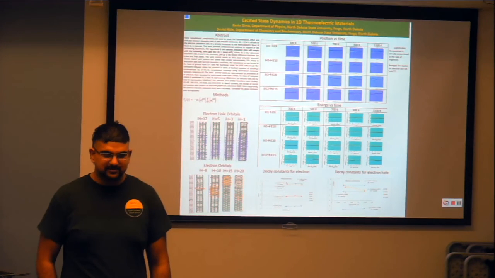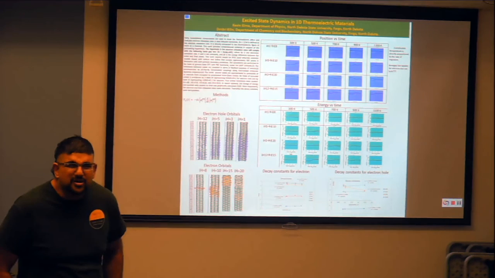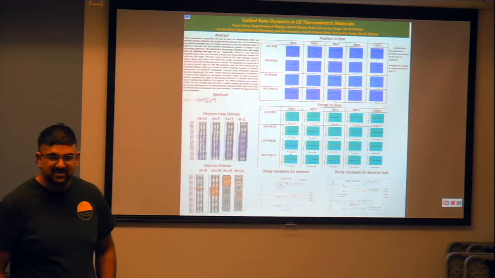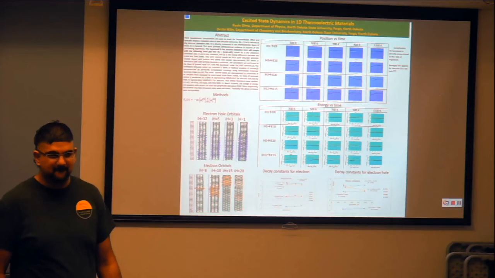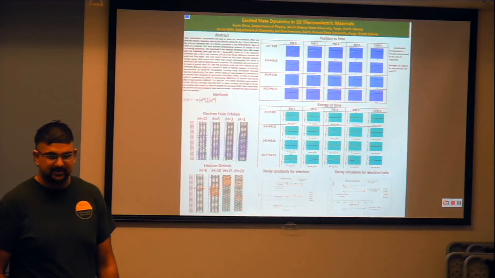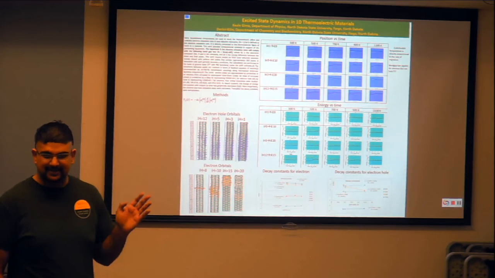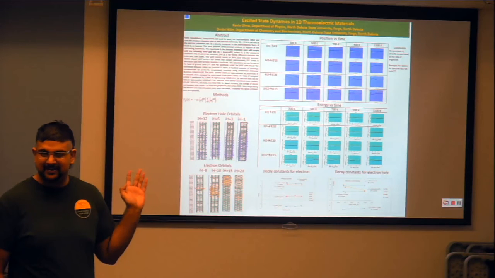Because the nuclei move, the resulting orbitals that you calculated are going to have to change. So initially, you're shining some energy into this electron.